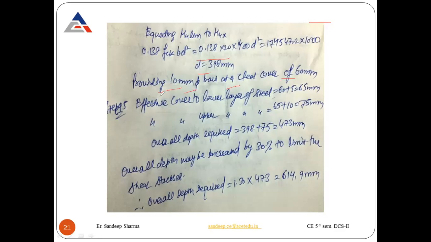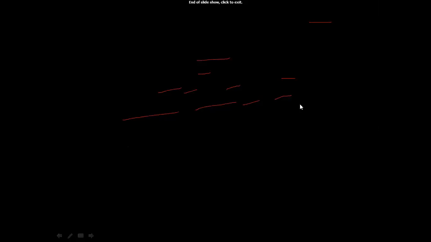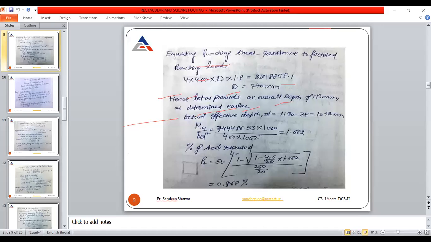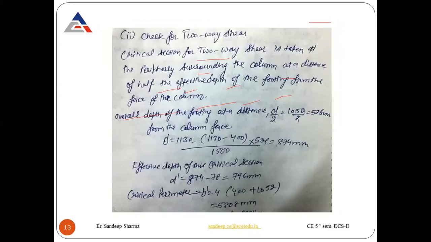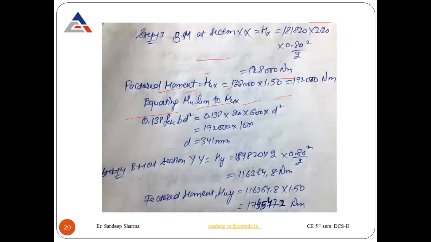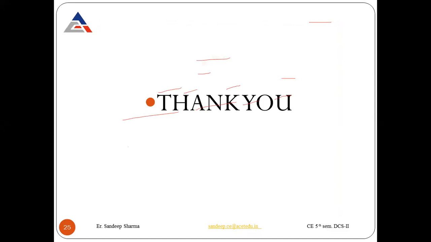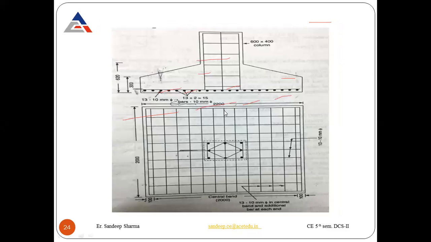Then the effective cover to the lower layer of the steel is 60 plus 5, and the upper layer of the steel like this. Now you can see this figure, this one.